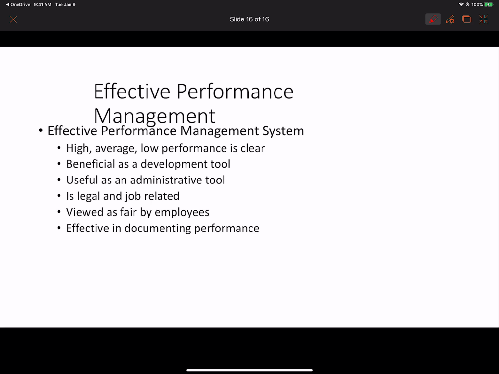Now you can see through all of this how important performance management is. I can't emphasize again how important performance management is, especially to document it and keep records.